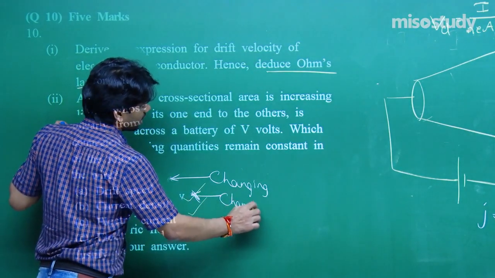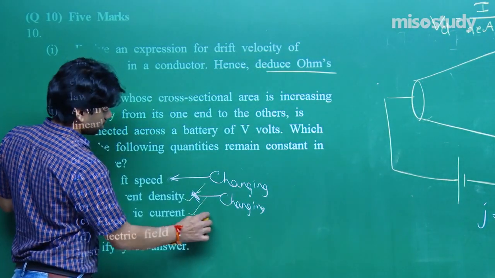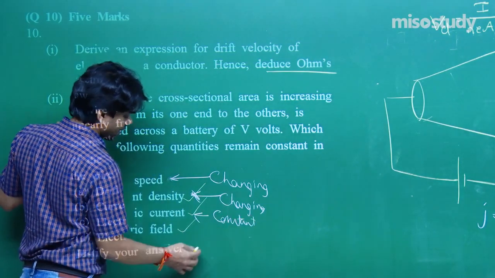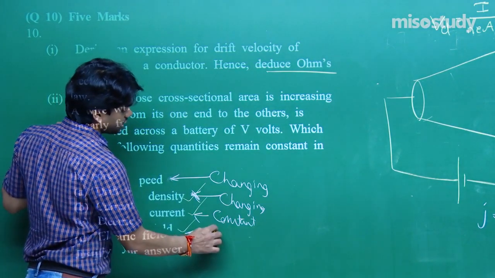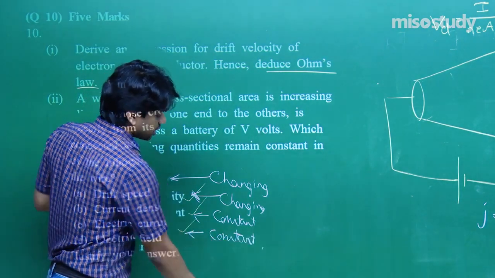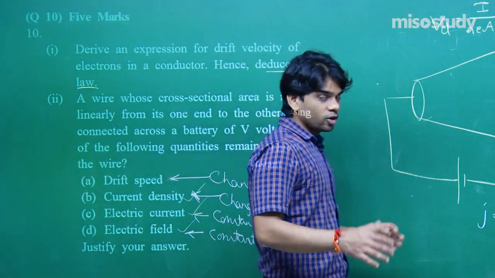And the things that are remaining constant are current and electric field. That will not depend upon the dimension of the wire. So these are all the facts about such kind of arrangement.